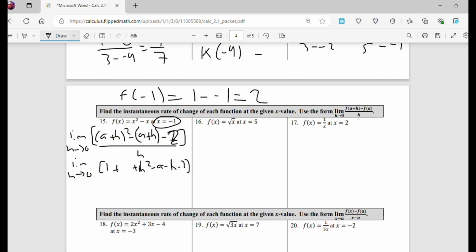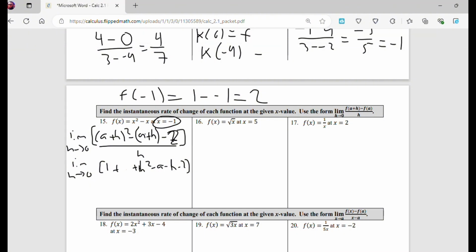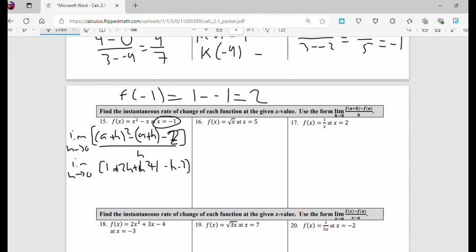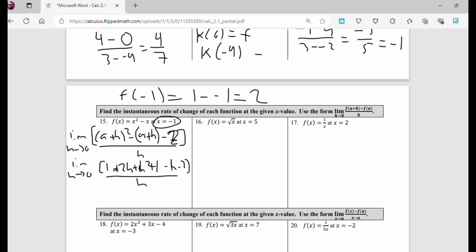This right here will become -2h. Minus a, which is -1, is +1. And then all over h.